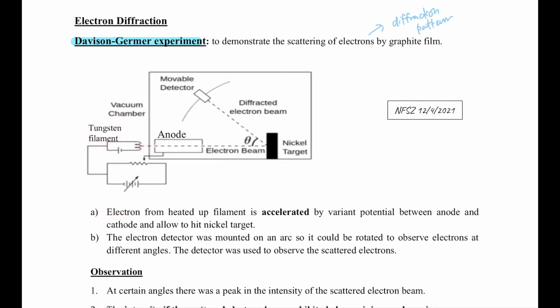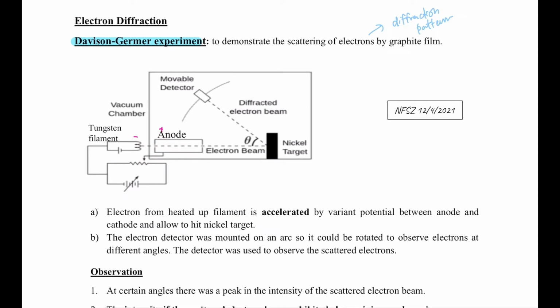Okay, apabila dia kat sini, so here is a negative terminal, kat sini adalah positive terminal kan. So bila ada differences in the potential, okay, ada potential difference. Apa yang jadi, elektron ni tadi dia slow, dia akan lagi laju dekat sini. In between these two, elektron akan makin laju, accelerated lah.